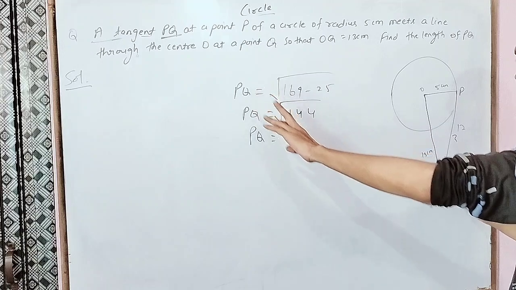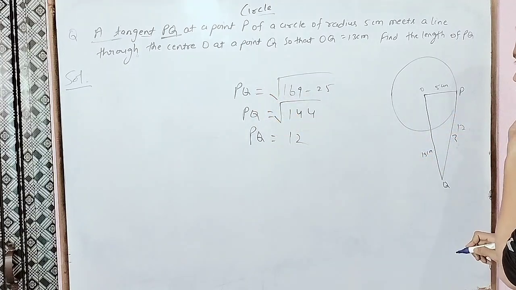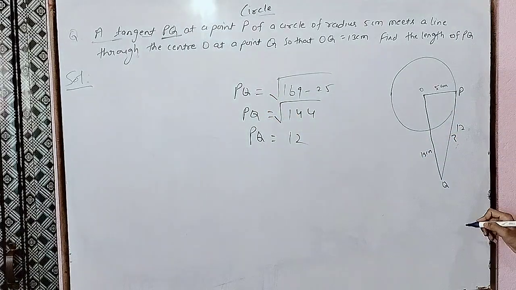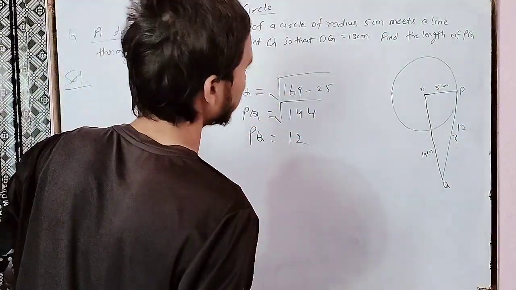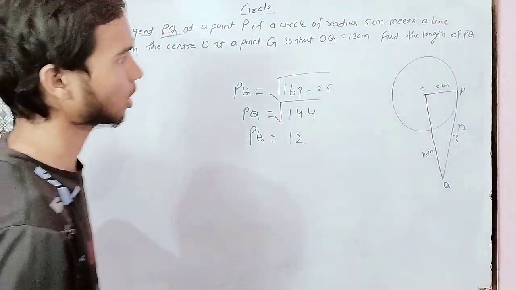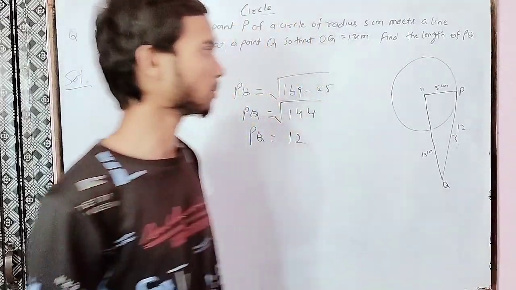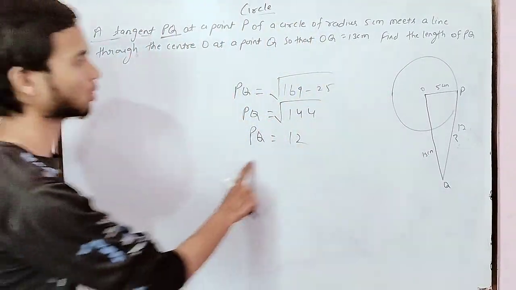If PQ is a tangent, then OQ becomes the hypotenuse, OP is the base, where OP is the radius of 5 centimeter, and we found PQ as the perpendicular, which is 12 centimeter.